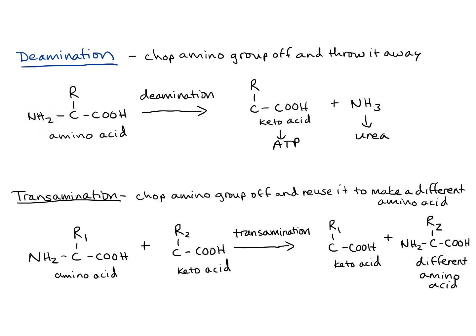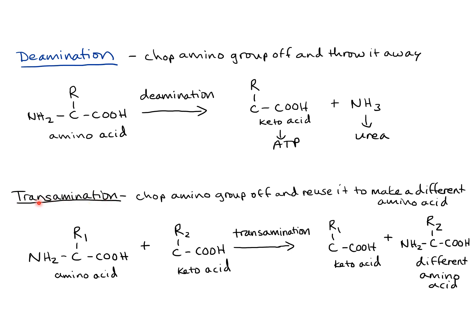The amino group gets sent to the liver, the liver converts it to urea, and that gets filtered out by the kidneys and excreted in the urine. What's left of the amino acid, this little carbon skeleton, is called a keto acid, which you don't need to know, but that just gets fed into aerobic respiration and gets turned into ATP.